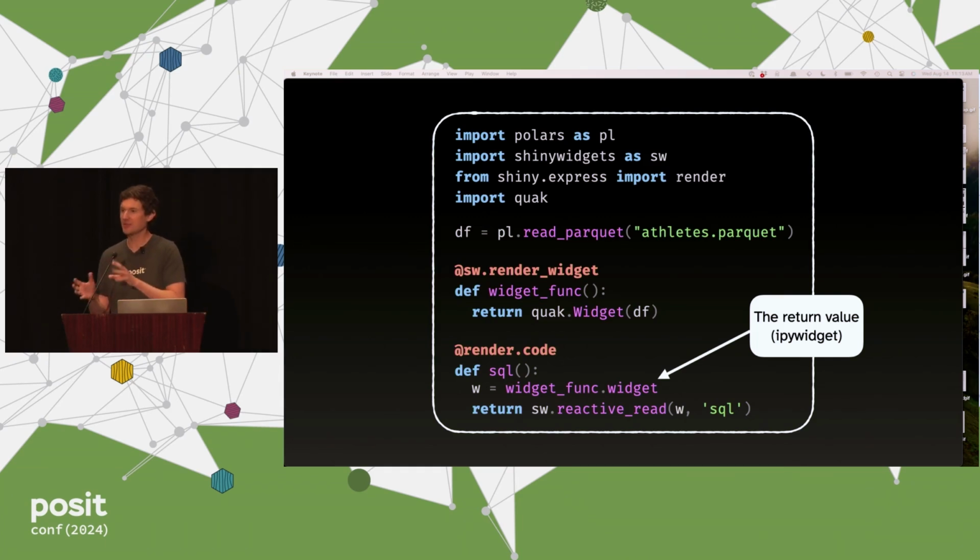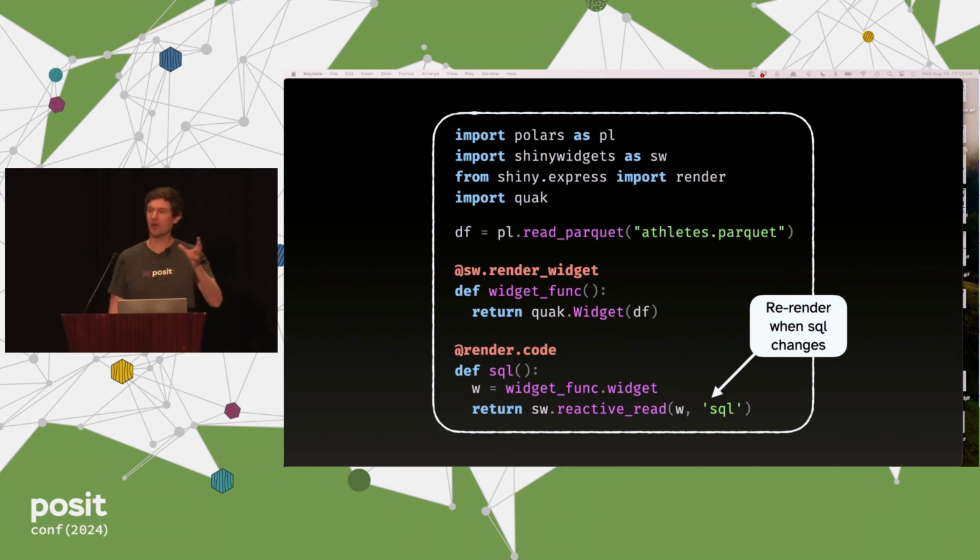This can be a little bit awkward because there's scoping involved, where inside of a different function you're returning a widget object. So to make this more convenient, the render_widget decorator will attach a widget attribute where you can get at the return value of that function.